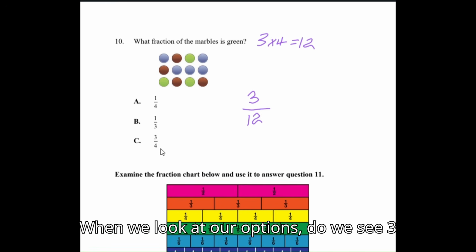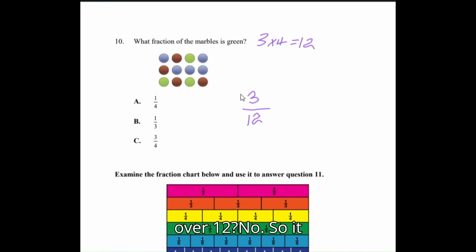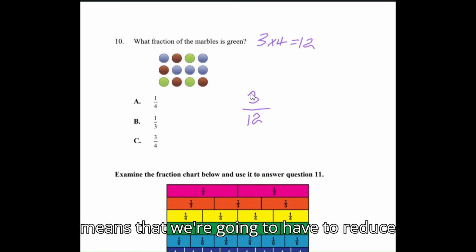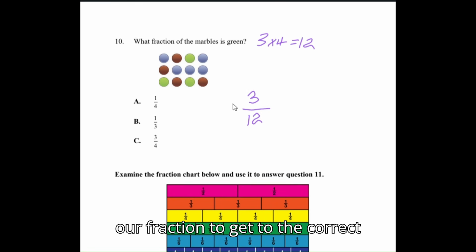When we look at our options, do we see 3 over 12? No. So it means that we're going to have to reduce our fraction to get to the correct answer. Now, how can we reduce this fraction? We need to find a number that can go into 3, that can also go into 12. Which number can go into 3 and 12? Well, the answer is 3.